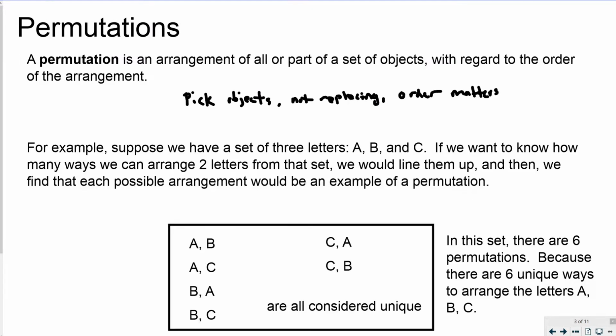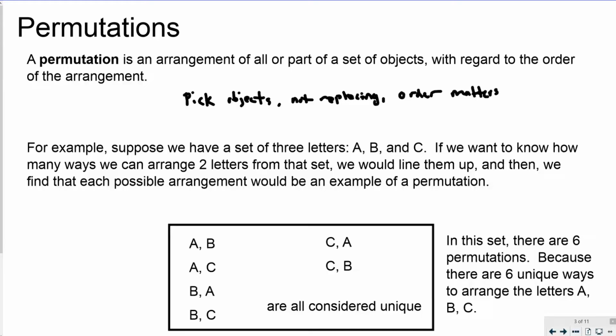So, permutations. The definition of a permutation is an arrangement of all or part of a set of objects with regard to the order of the arrangement. So you're picking objects, you're not putting them back, and the order in which you did so matters. For example, you have a set of 3 letters, A, B, and C. If you want to know how many ways you can arrange 2 letters from the set, you would line them up, and each possible arrangement would be an example of a permutation.